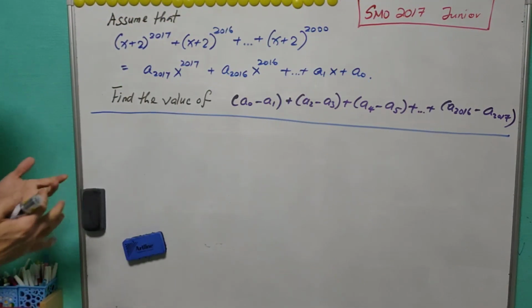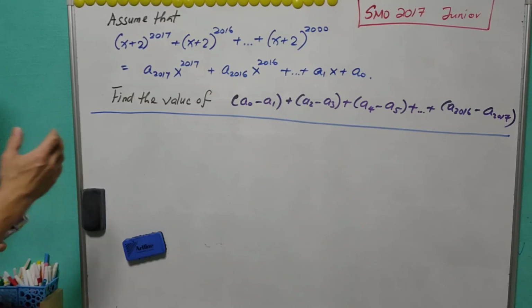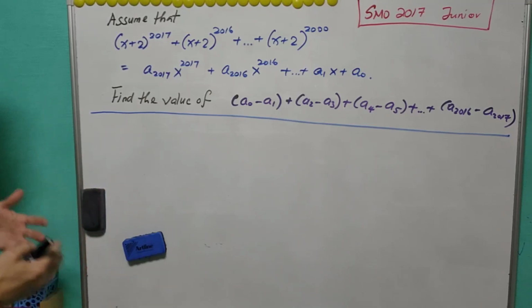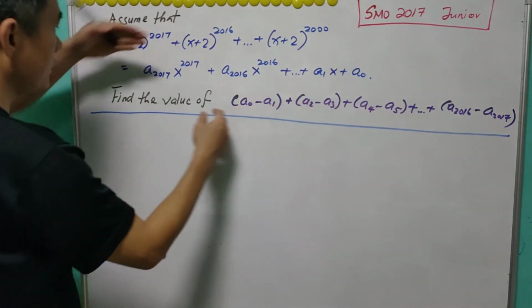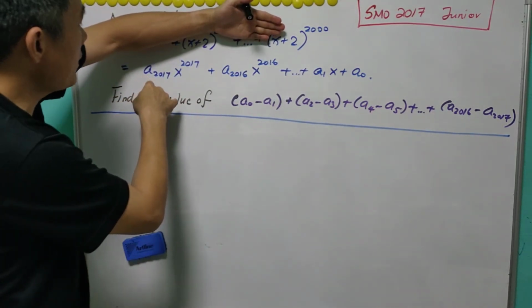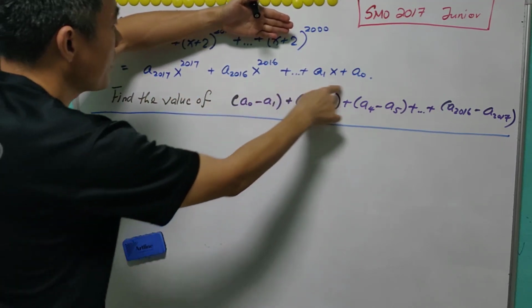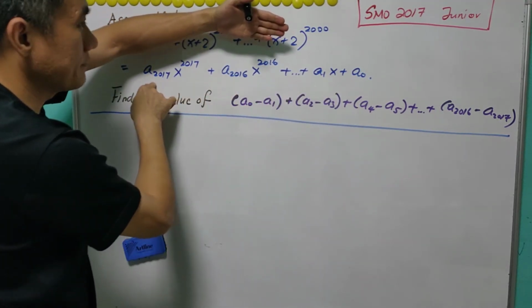So I believe many of you already got the answer, and this can be easily done by just observing that this expression can be obtained using the value of x equals -1 here.